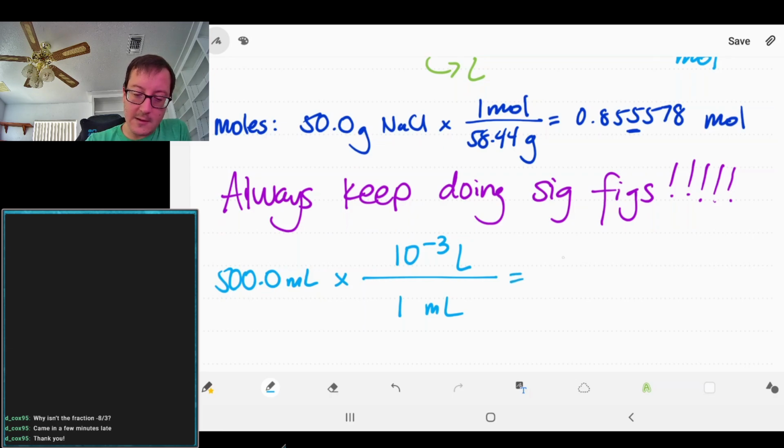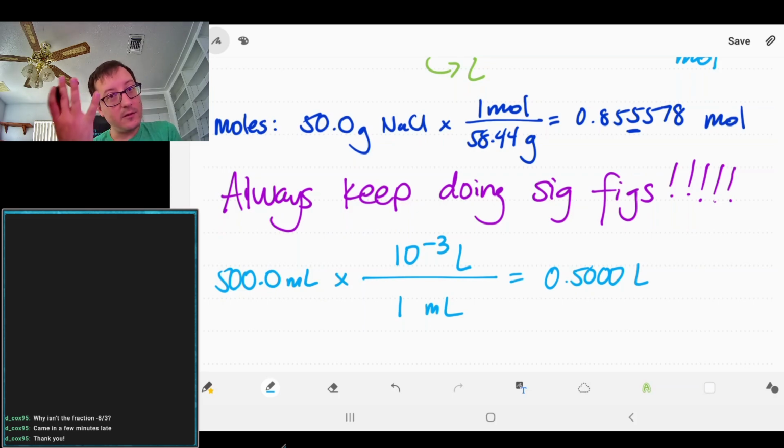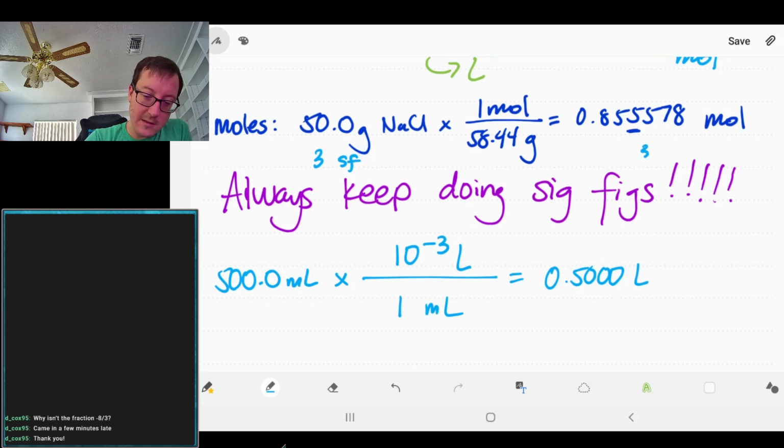And so, as a result, we get 0.5 liters with still 4 sig figs. Do not forget your sig figs. This had 3 sig figs. This should have 3 sig figs, but we're not done yet, so we're going to keep that. This is 4 sig figs. This is 4 sig figs. Don't forget that either.